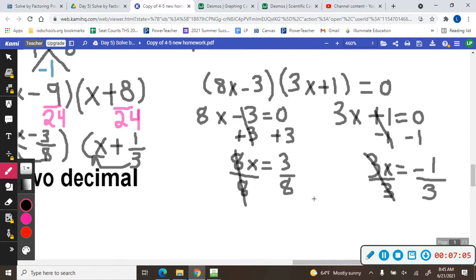And you get x equals negative 1/3. So my final two answers are x equals 3/8 or x equals negative 1/3.